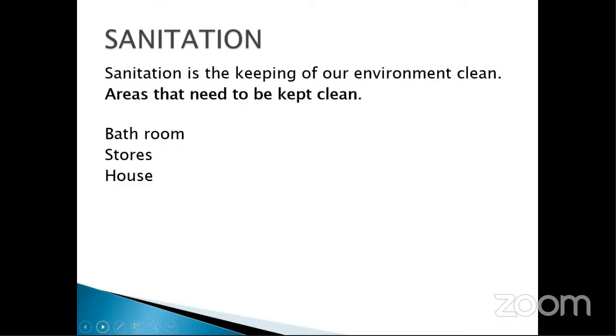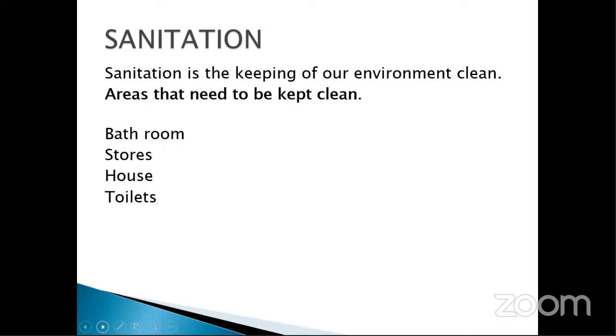So when you see someone sweeping the compound, that person is doing what we call sanitation. When someone is cleaning the store or the bathroom, that person is promoting sanitation. If you're cleaning the house, you're keeping the house clean. And that is what we call promoting sanitation.